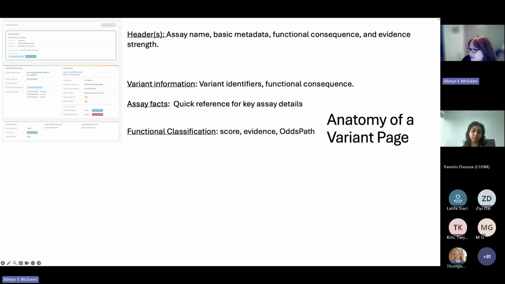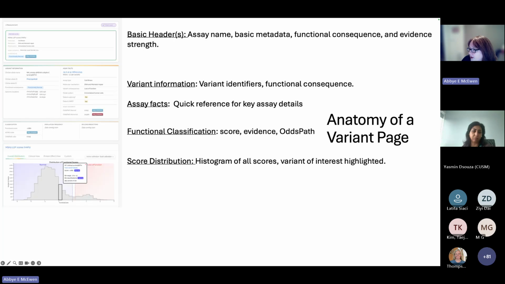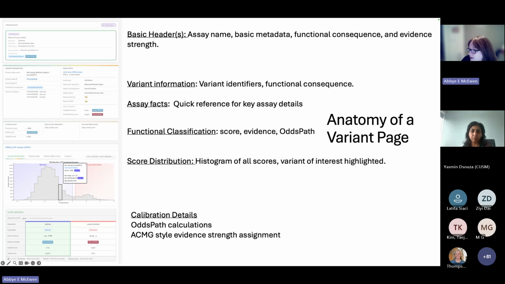Underneath that is a section that gives you the functional classification, so the score, the odds path, and the evidence strength. Underneath that is a score distribution to show you what every variant in the assay looks like. Your variant of interest is highlighted. And finally, underneath that are more details about the evidence strength and odds path calculation.